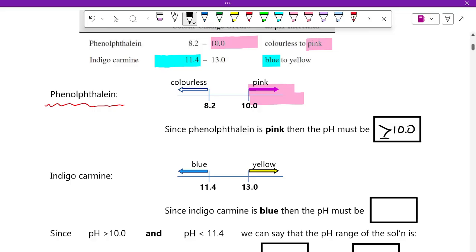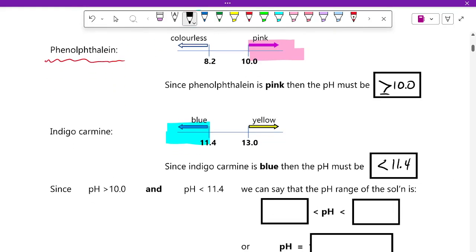And our indigo carmine is going to be blue, and so that is below 11.4. So the pH must be less than 11.4. So the pH is bigger than 10 and less than 11.4.